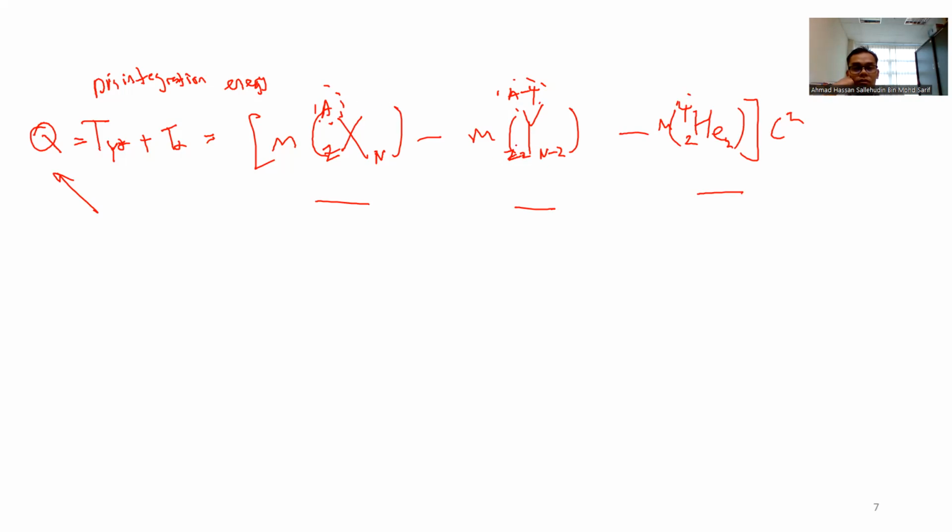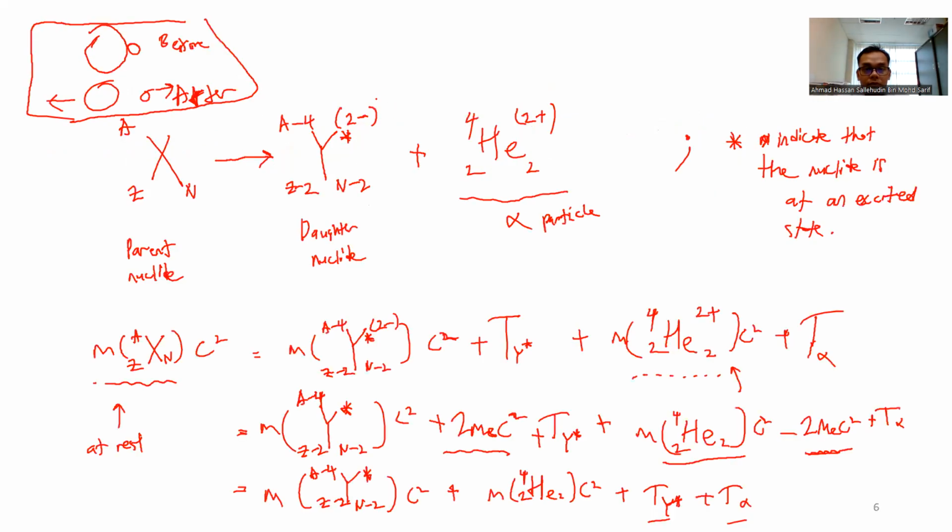Z also: Z minus 2 plus 2 is equal to Z, similar with N. And here we indicate the balance of charge.